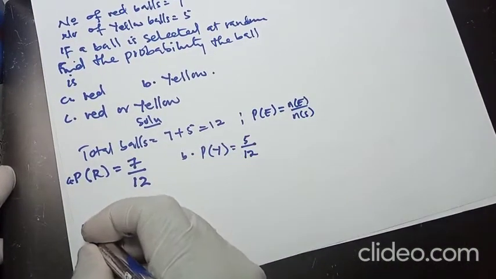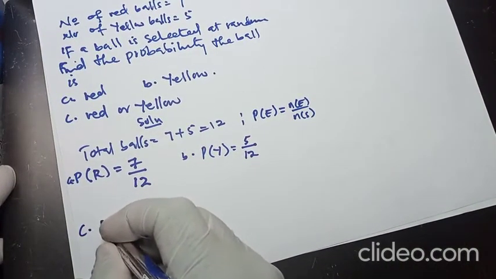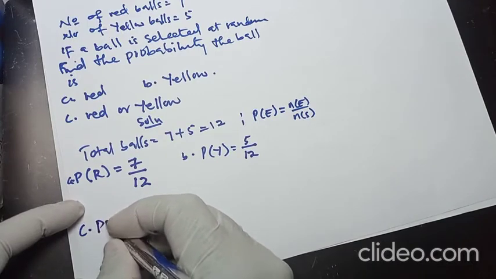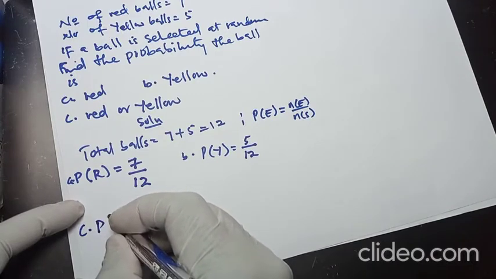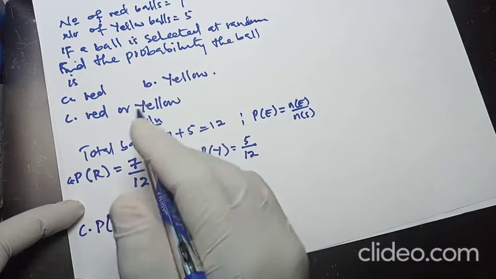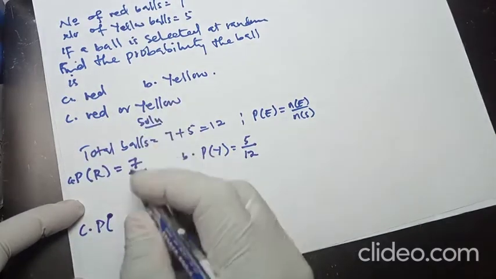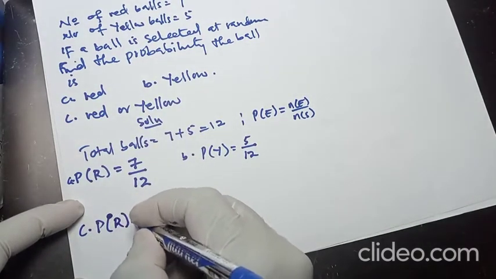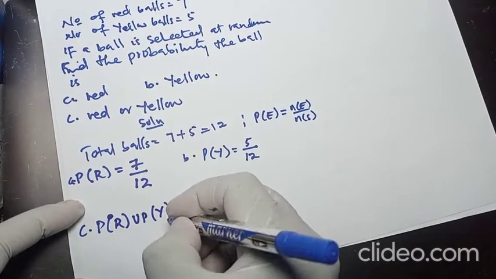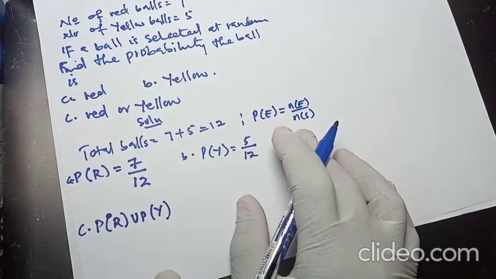Now the C aspect, we have the probability for red or yellow. We said in maths that or means plus.